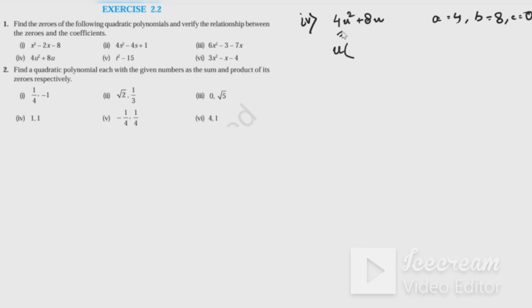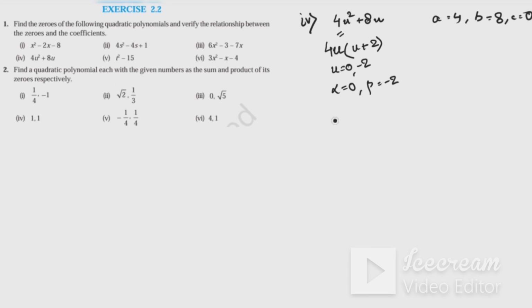So this can be written as, I can always take 4u common. I will have u plus 2 as a factor. So now what will I have? Either I can have u as 0 or minus 2. So I can have alpha is equal to 0 and beta is equal to minus 2.